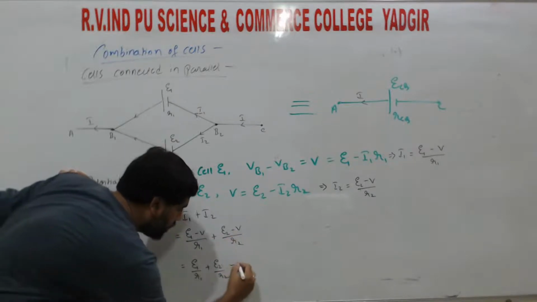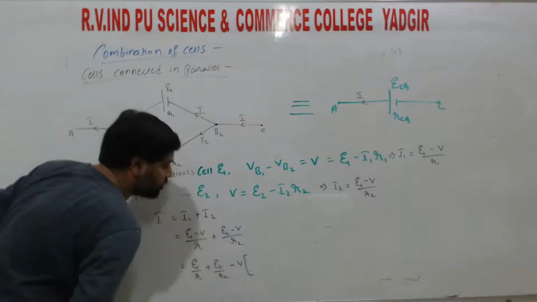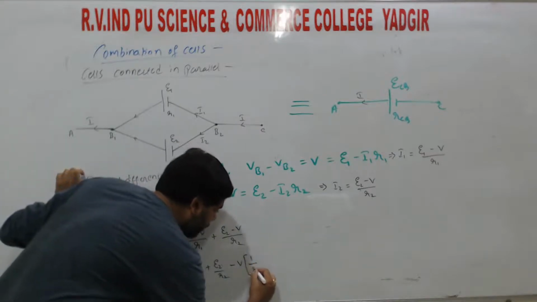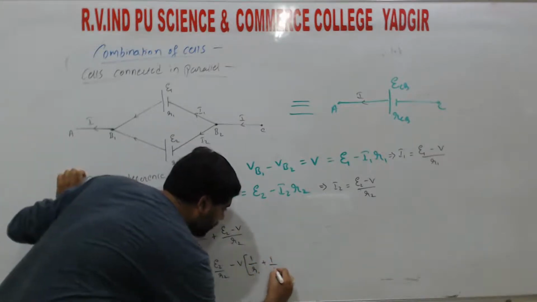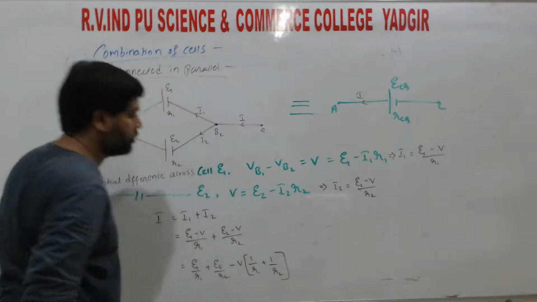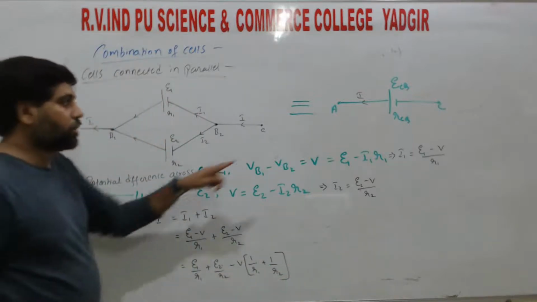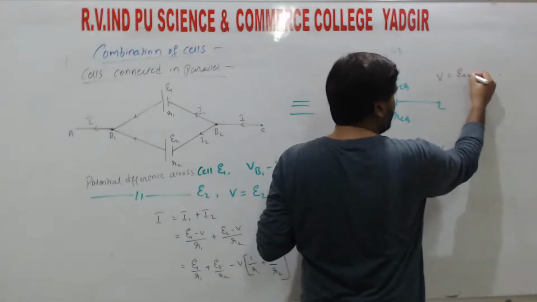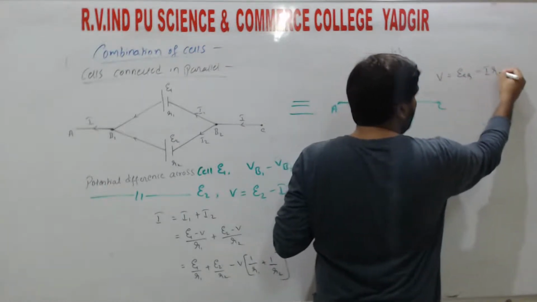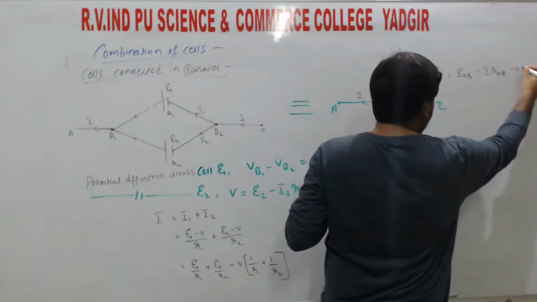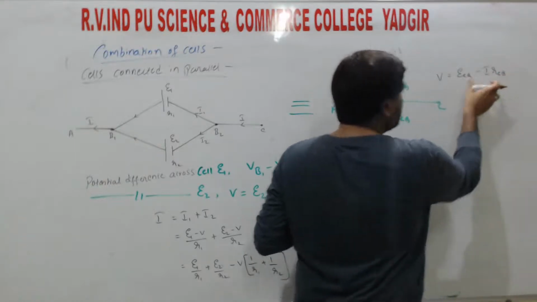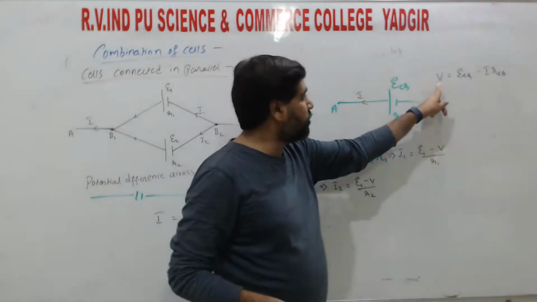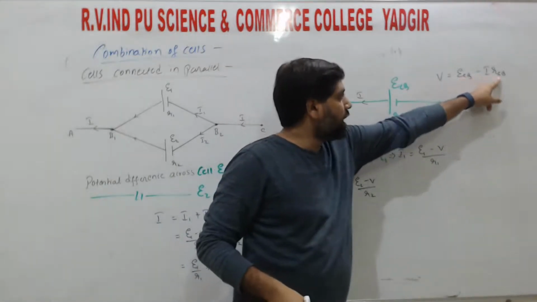From these two terms we can take minus V as common, so we can write 1 by R1 plus 1 by R2. So the equivalent V is equal to E equivalent minus I R equivalent.